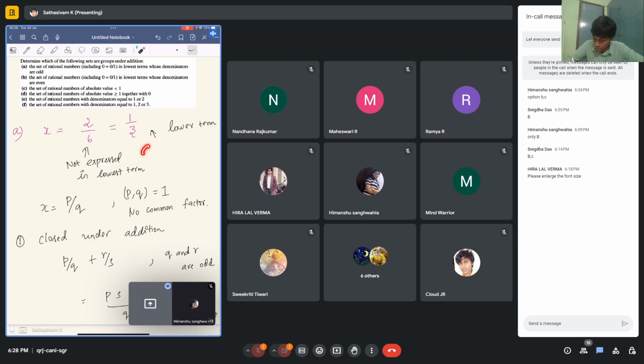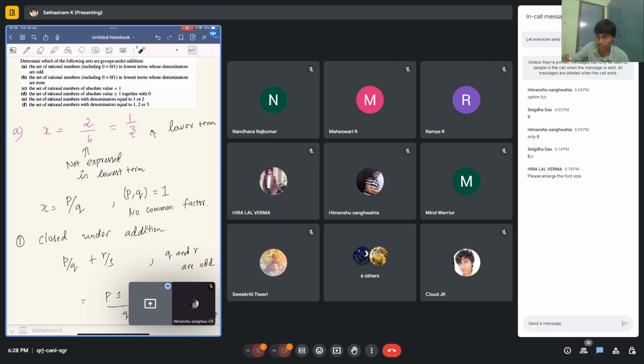Okay. So for associative, you want to say that a plus b plus c is equal to a plus b plus c, right? Whether you write it like this or like this doesn't matter for associativity. But here we want to see something like the denominator having this value, so we go to the lowest term, because I can write 2 by 6 also as 4 by 12.